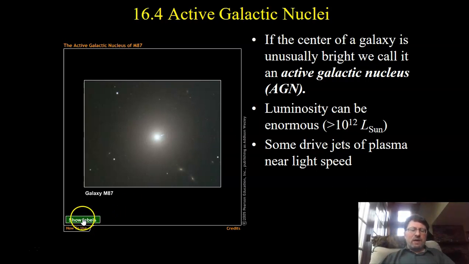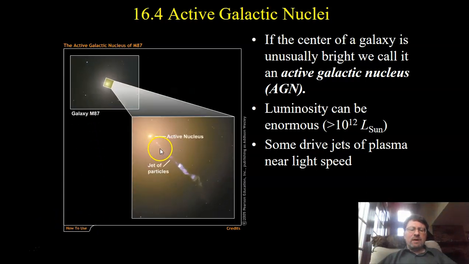And if you zoom in on some of these regions, like this is M87. Remember, that's the galaxy we looked at with the help of the Event Horizon Telescope not long ago. The first ever black hole imaged by the Event Horizon Telescope, at least publicly released data from it. And so here we have the ability to zoom in on M87, and there's the active nucleus we're talking about.